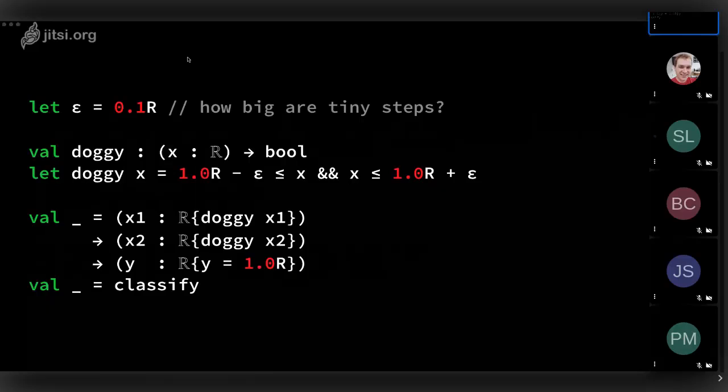So remember that we were taking tiny steps from our known dog, and we have to say, how big a tiny step do we want to take? We want to take an epsilon size step. And epsilon here we pick to be 0.1. Then we define a function called doggy.